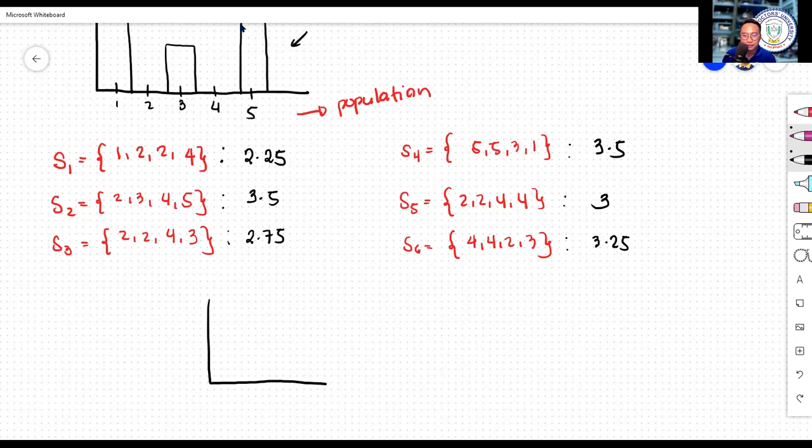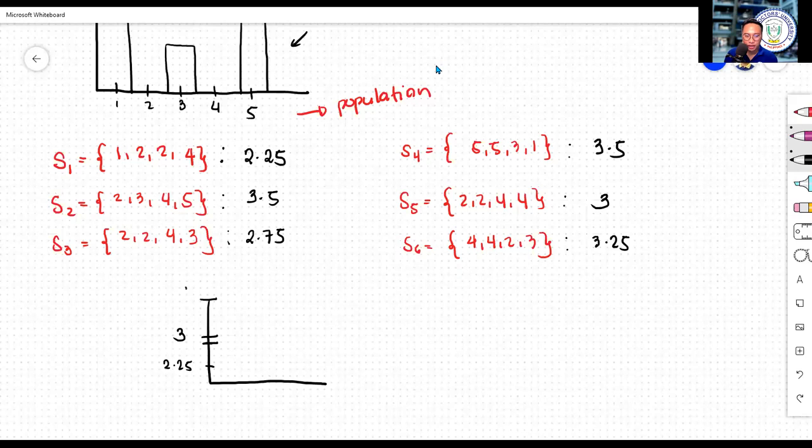So the smallest one is 2.25. Next to 2.25, we have 3, and somewhere here is 2.75. Next to 3, we have 3.5.